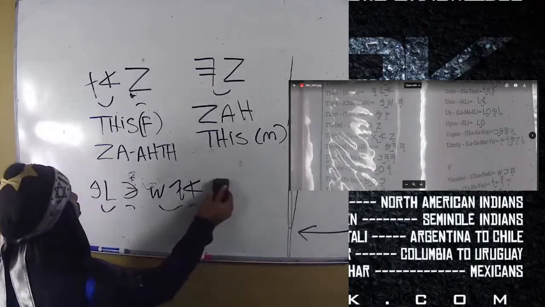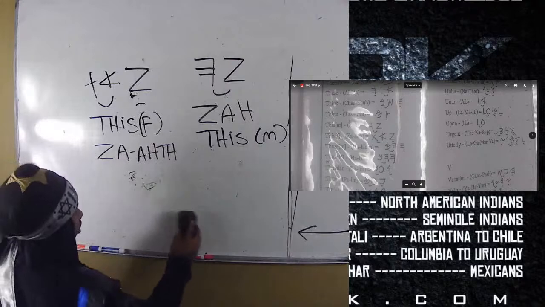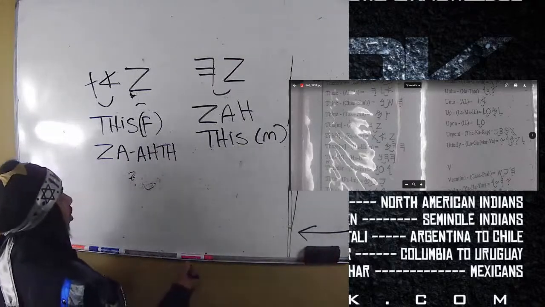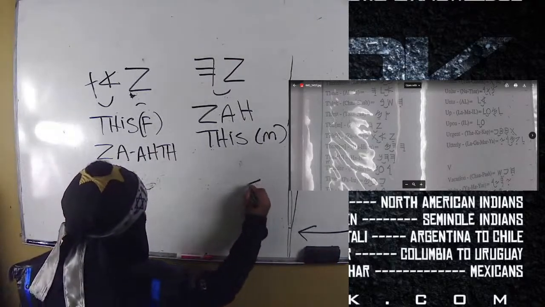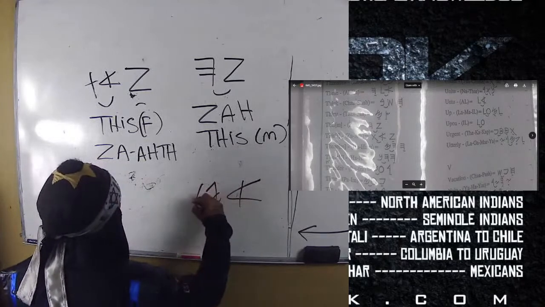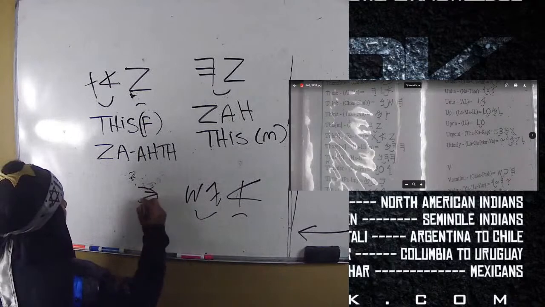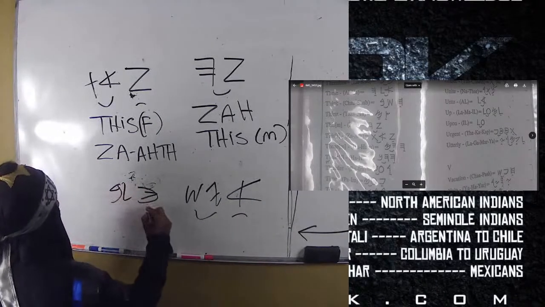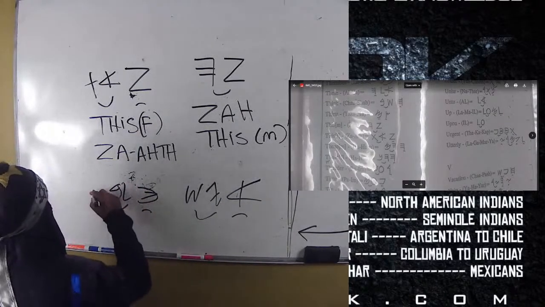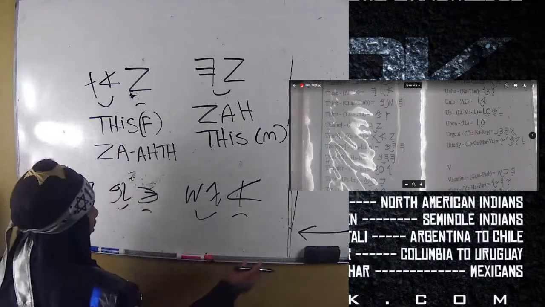But remember, in Hebrew, you do have the freedom to switch it up. But let's do this. Ayash, just stick with the rule. Ayash, Kalab, and then Za.